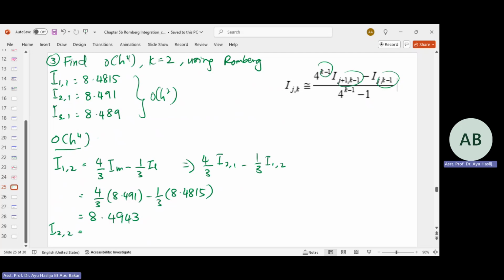It's always the highest number minus the lowest.